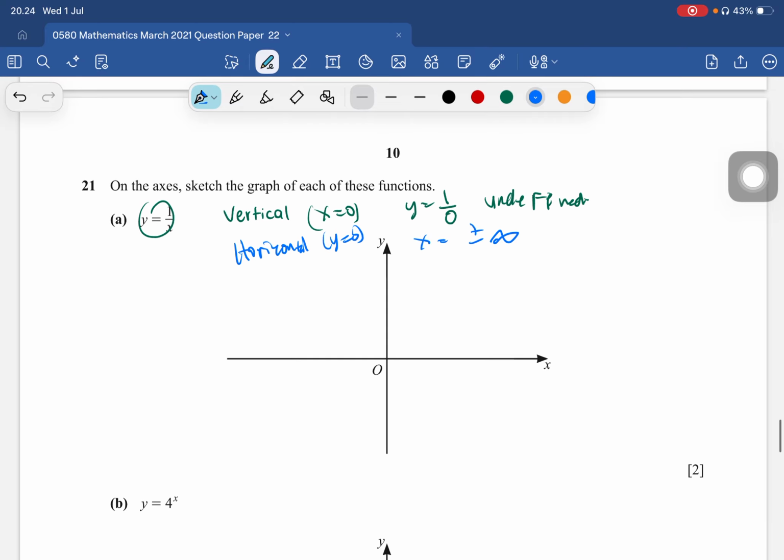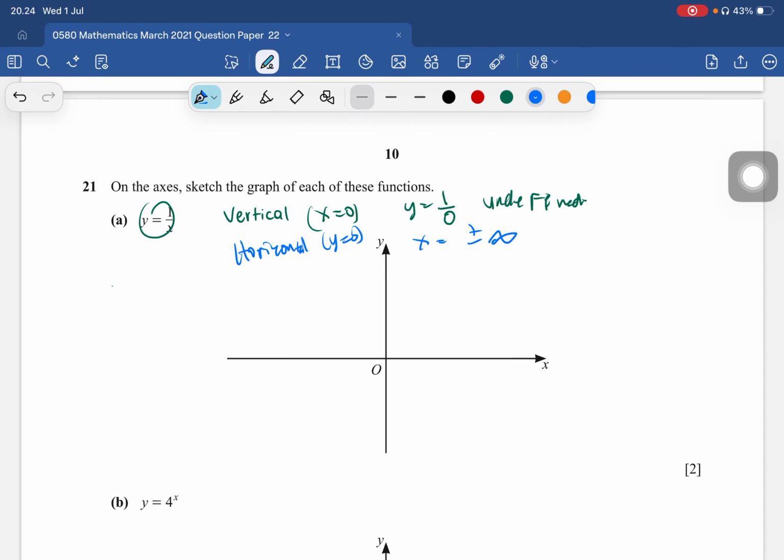Okay, we can try to substitute. When x equal to -1, y equal to 1 over -1, here is -1. And then when x equal to 1, y equal to 1 over 1 equal to 1. Okay, here is the point (1, 1) and then (-1, -1). We can make it go on.